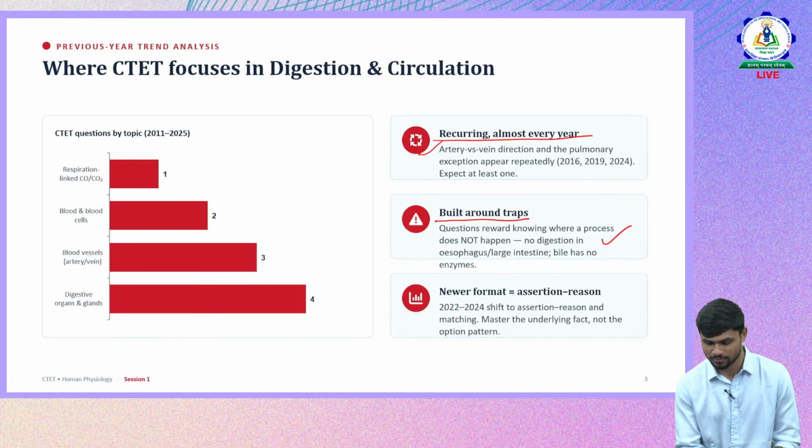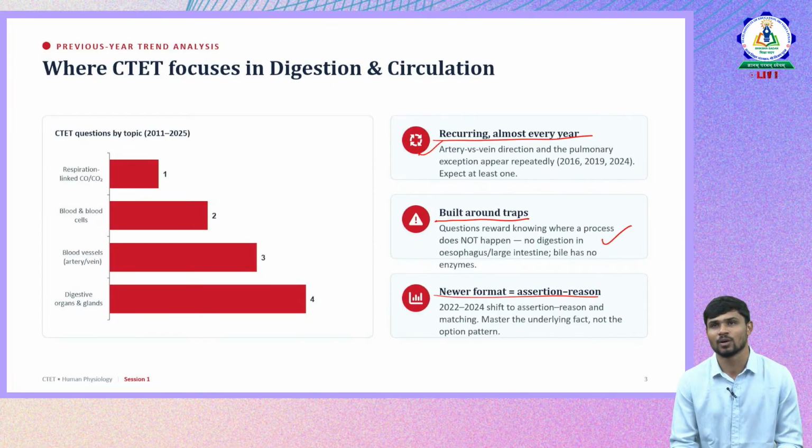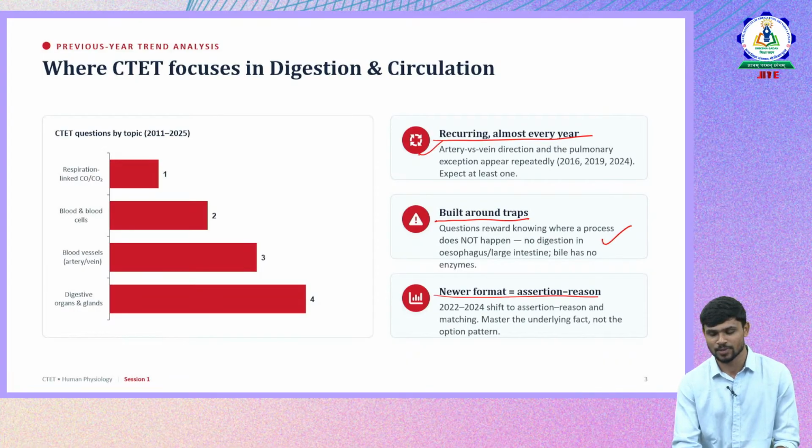A few other types are assertion reasoning questions, but the concepts they were touching are arteries and veins and the blood they carry, the chambers of the human heart, deoxygenated and oxygenated blood, and with respect to the digestive system, parts of the alimentary canal and the sites of digestion.